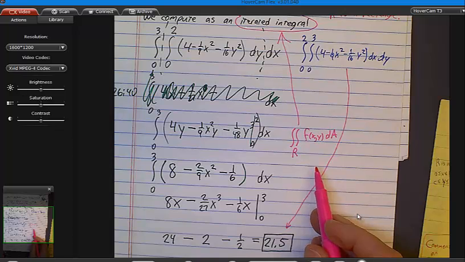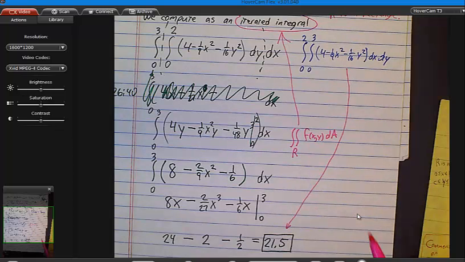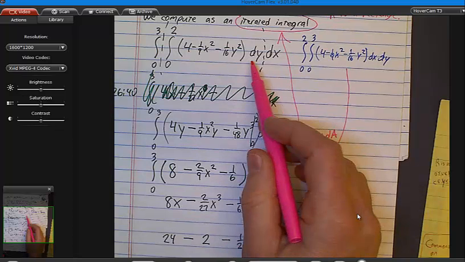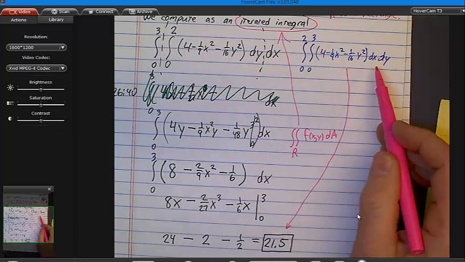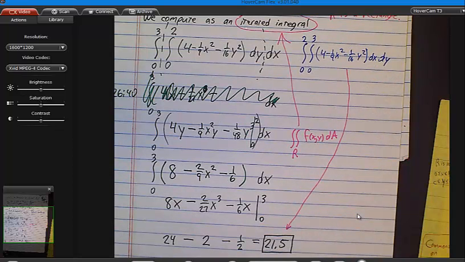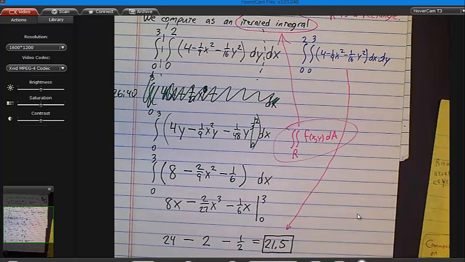Okay? If a function is integrable, you can write it dy dx, or you can write it dx dy. Now, by the way, sometimes one way, dy dx, might be easier than dx dy, or vice versa. We'll see that later. But if you can compute them, the values will be the same, and it's exactly what we're looking for, the volume under that surface.